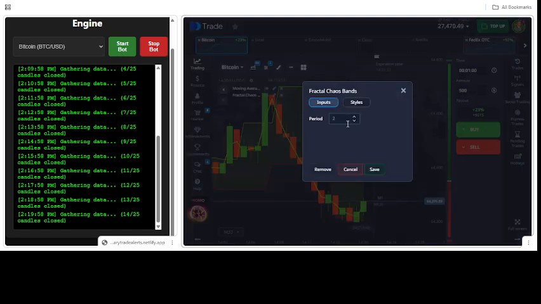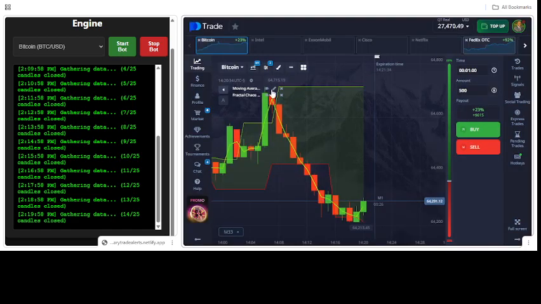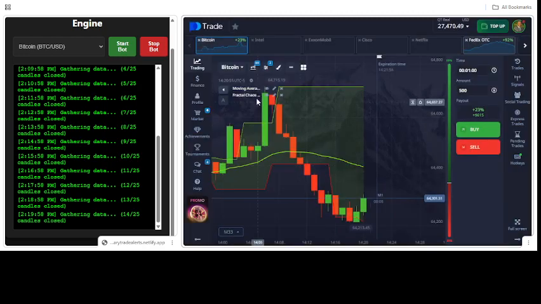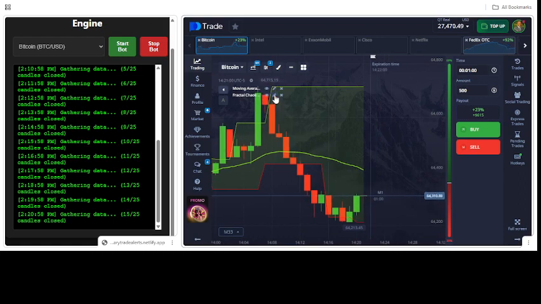For the moving average, I have the period set to 20, and in the style settings, I've also increased the line pixel to 2. That way we can see the chart a little bit better. Okay, so 20 SMA and period 2 on the fractal chaos bands.